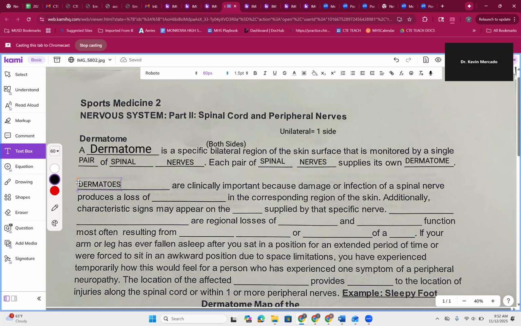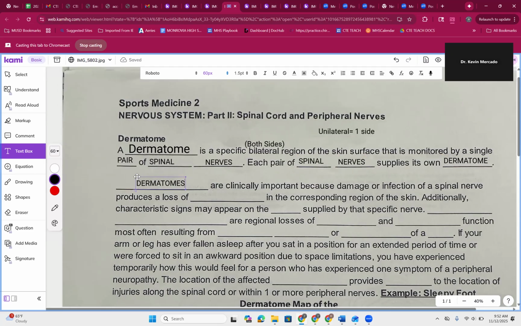Dermatomes are clinically important because damage or infection of a spinal nerve produces a loss of sensation in the corresponding region of the skin. Additionally, characteristic signs may appear on the skin supplied by that specific nerve.